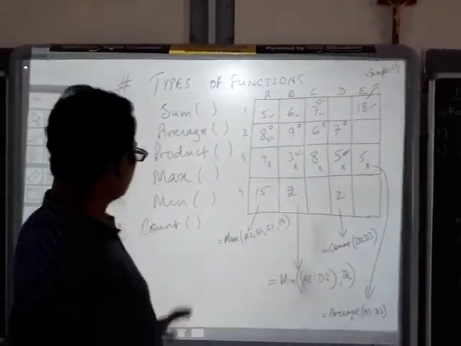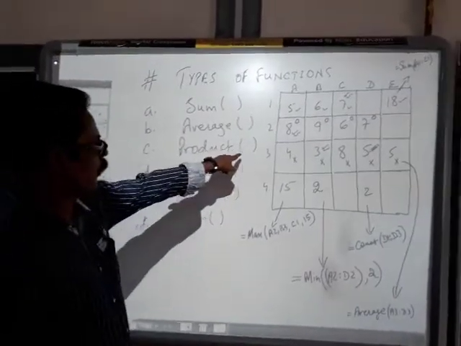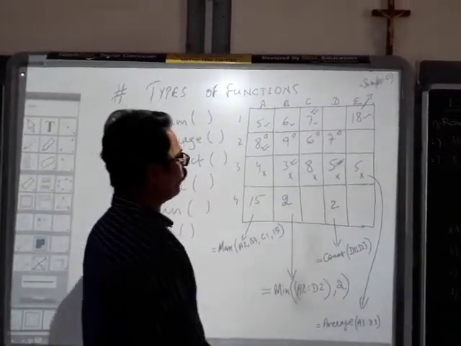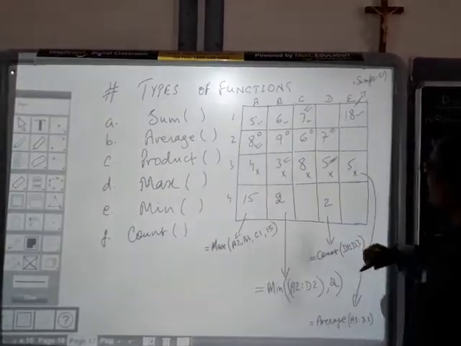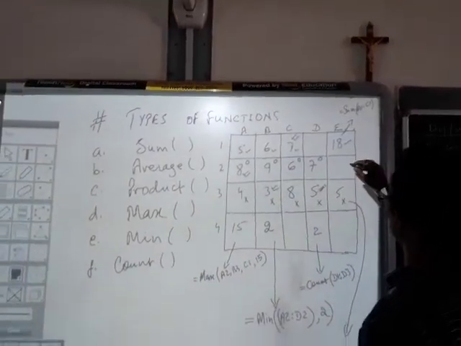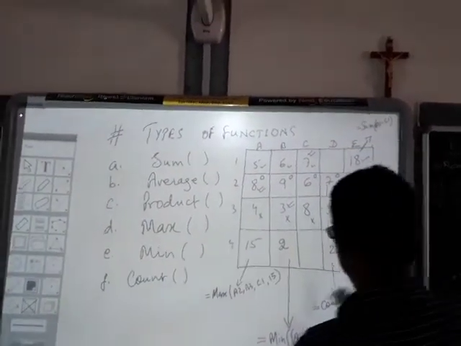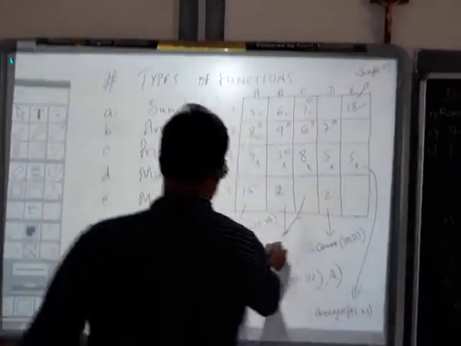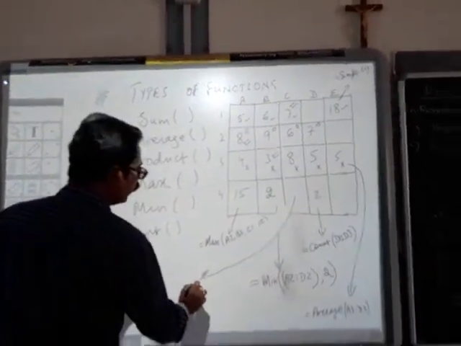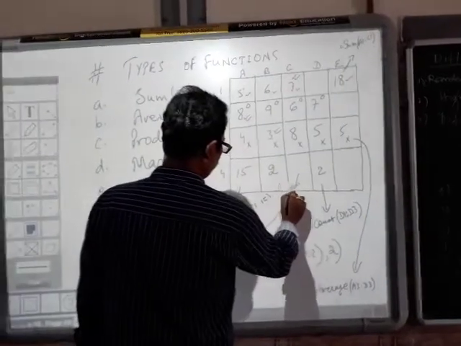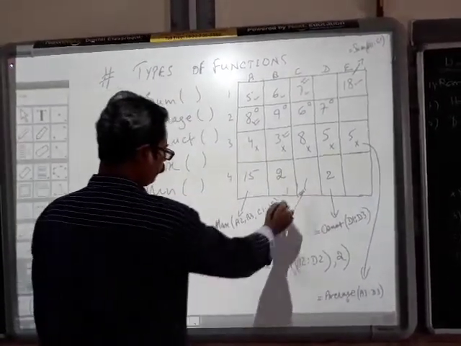Then the last one that I did not give you was the product. Suppose I want to find the product. In this particular case, I want the product to be displayed.